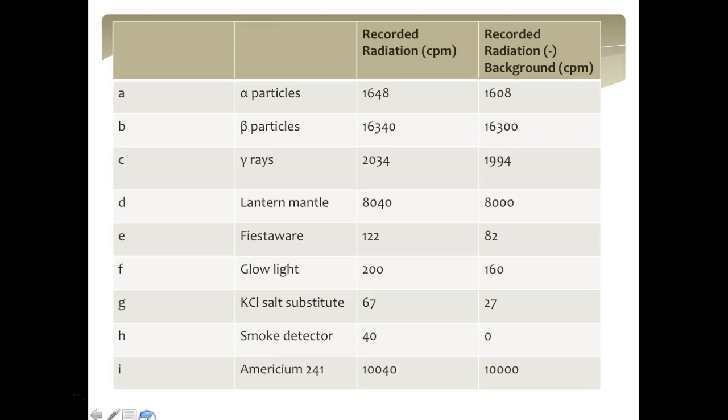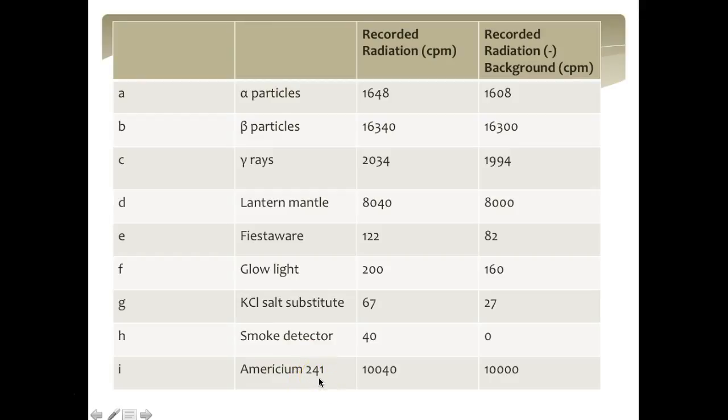After that, you're going to check some everyday objects, including just the alpha, beta, and gamma sources, and then a lantern mantle, Fiestaware, glow light, salt substitute, smoke detector, and then after removing that plastic cover, just the source of radiation inside the smoke detector, which is the americium-241.